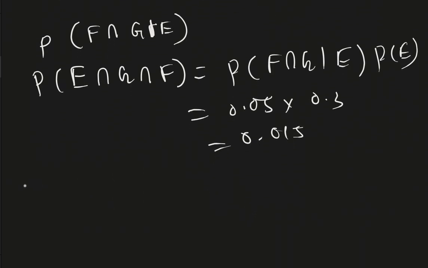Now we have to calculate P of E minus F union G.